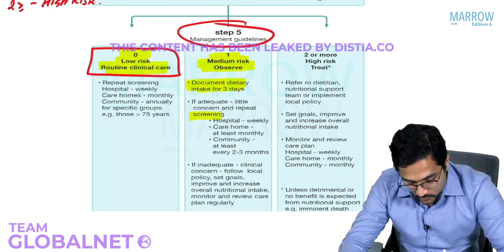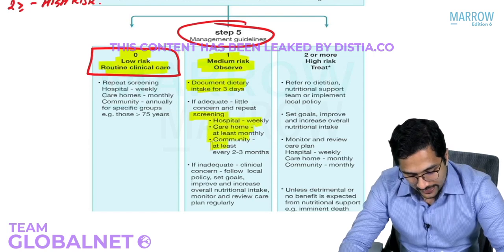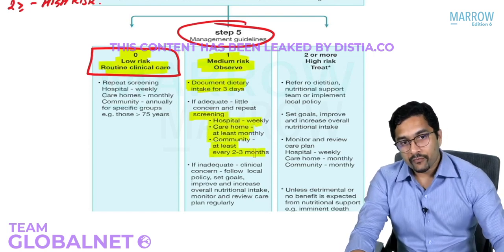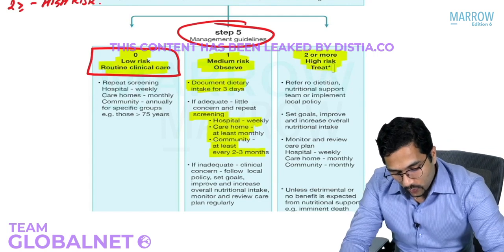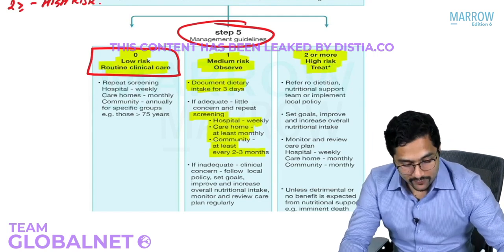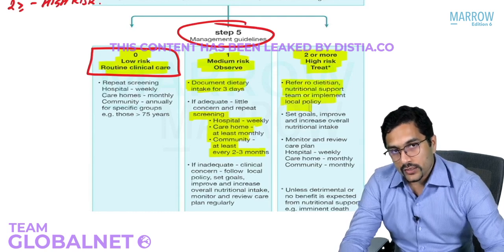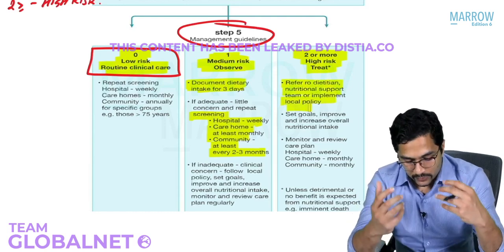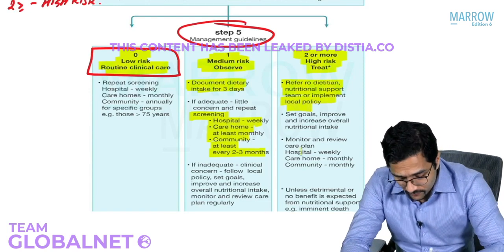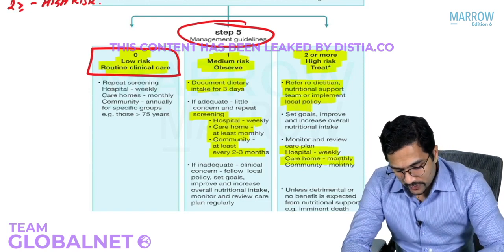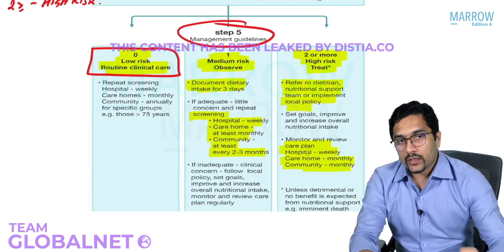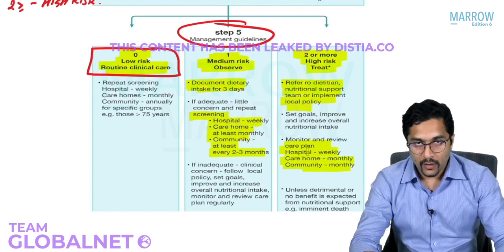We have to do weekly screening and care at home as well. But if the score is 2 or more, that is high risk, then we have to treat these patients. We have to refer to a dietitian for nutritional support and to team-based care. Weekly review in the hospital and monthly review in the community and at home is required.